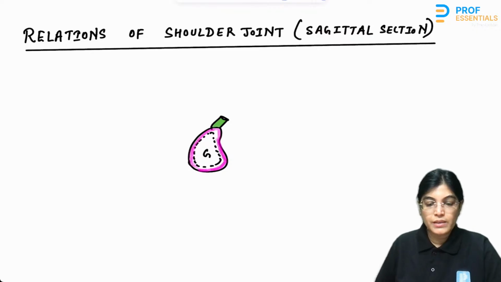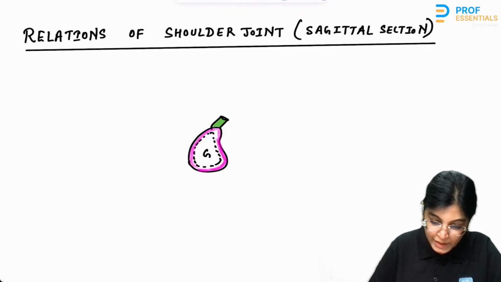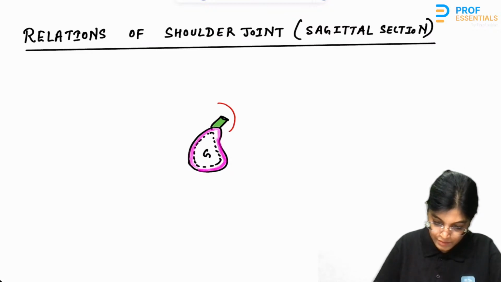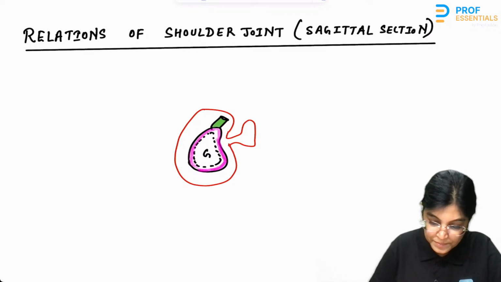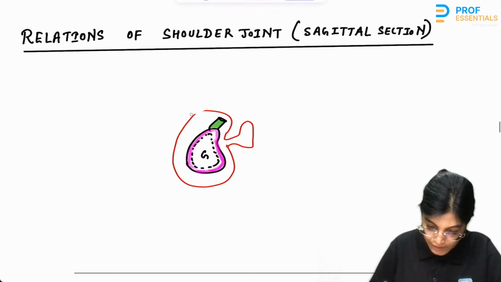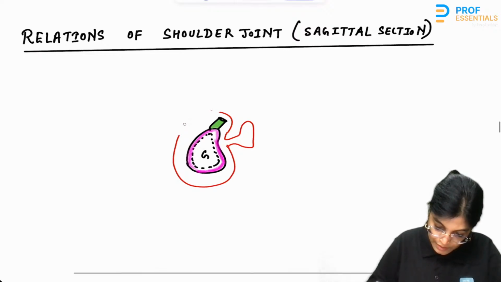Now we will make bursas here, and outside that we will make the fibrous capsule. Anteriorly, the subscapular bursa. I can make it slightly closer.